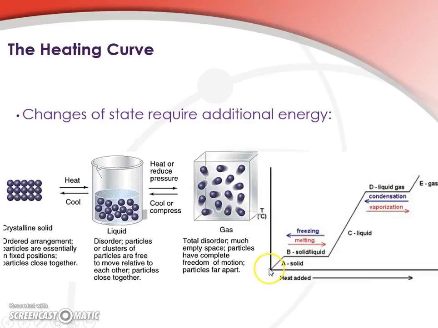You'll notice that as we start as a solid, as we add heat, the change in temperature is a straight line. In other words, the change in temperature is proportional to the amount of heat added, as we'd expect from our equation. And then we have a discontinuity.